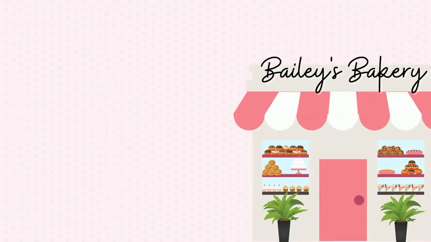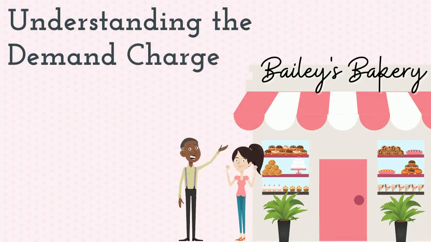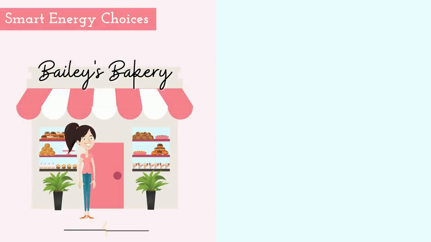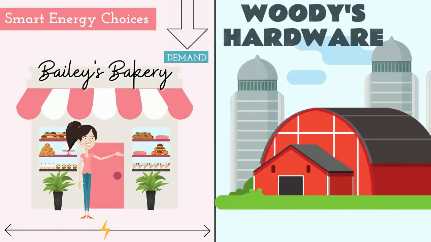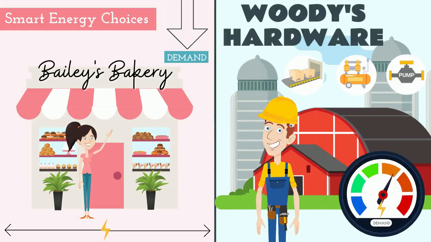Let's jump back to Bailey's Bakery for a better explanation of the demand charge. For example, Bailey's Bakery makes smart energy choices by staggering her energy use, which results in a lower demand. However, Woody's hardware store down the street imposes a higher demand as he simultaneously powers on multiple tools and hardware devices.